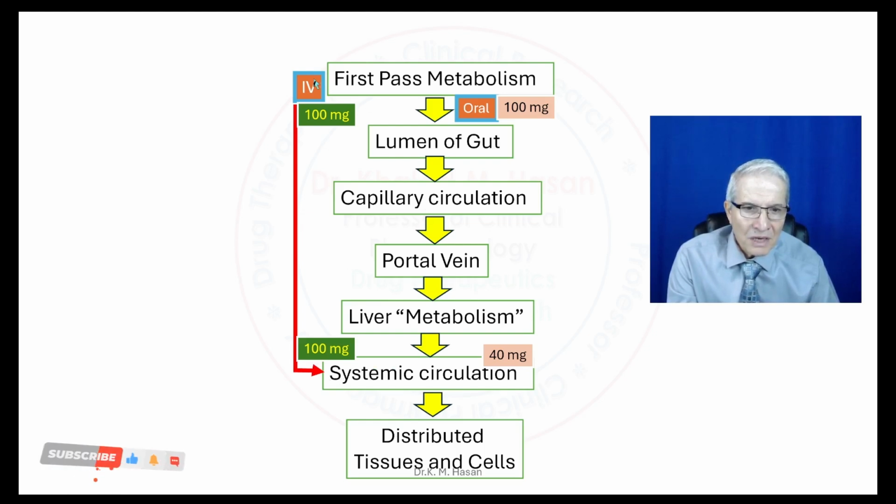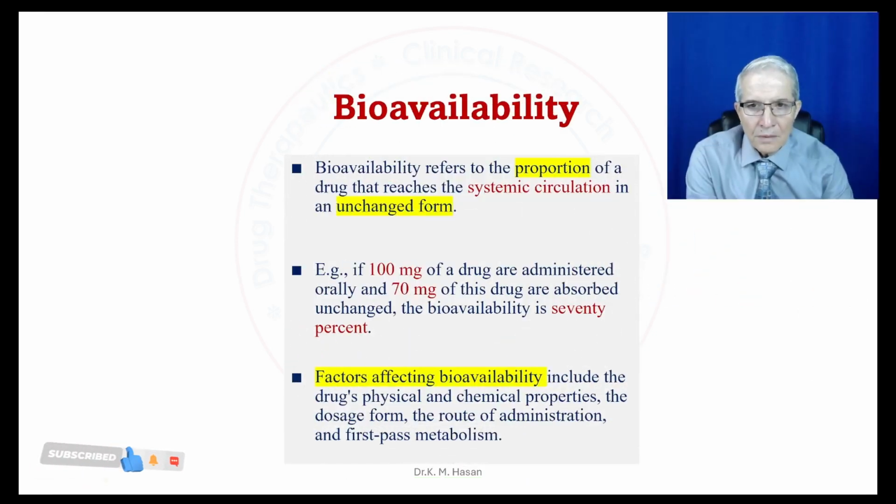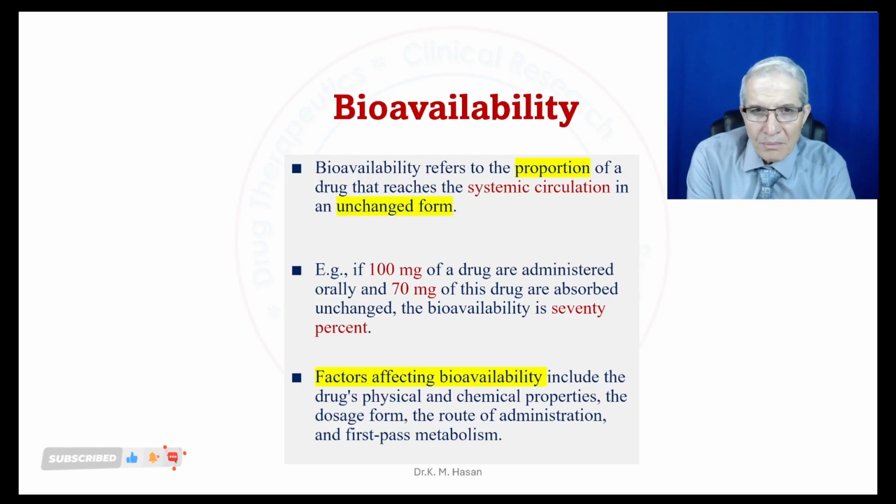So the bioavailability for IV prescribing will be 100%. On the other hand, the bioavailability for the medication prescribed orally will be less than 100%, could be, let me say, between 99 to 1 milligram, for example. So it depends on the first pass metabolism. Okay, what is the definition of bioavailability?